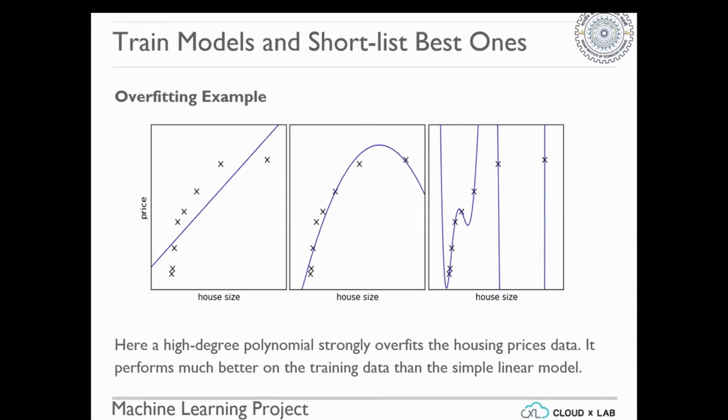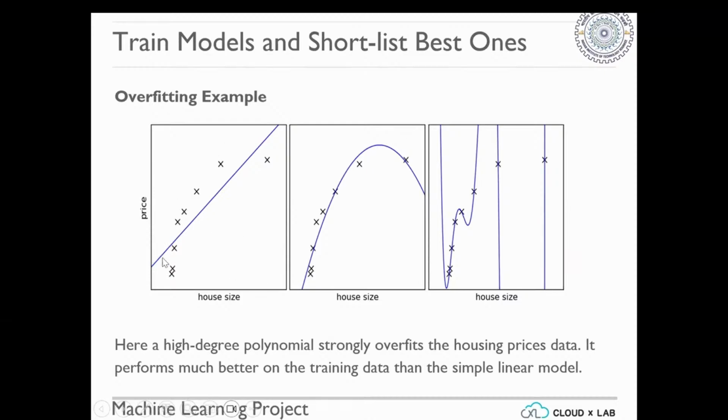In underfitting, both accuracies are poor: training accuracy is poor and test accuracy is poor. So this is the case of underfitting, this is the case of overfitting, and this is the ideal case, right?